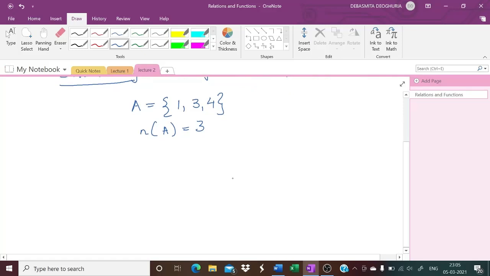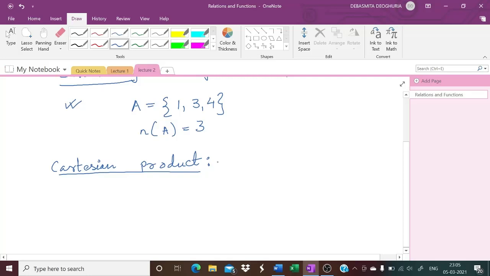So now the important topic for relations, the first topic, this was just a basic knowledge that you should know, would be Cartesian product. Cartesian product of two sets. So what is a Cartesian product?